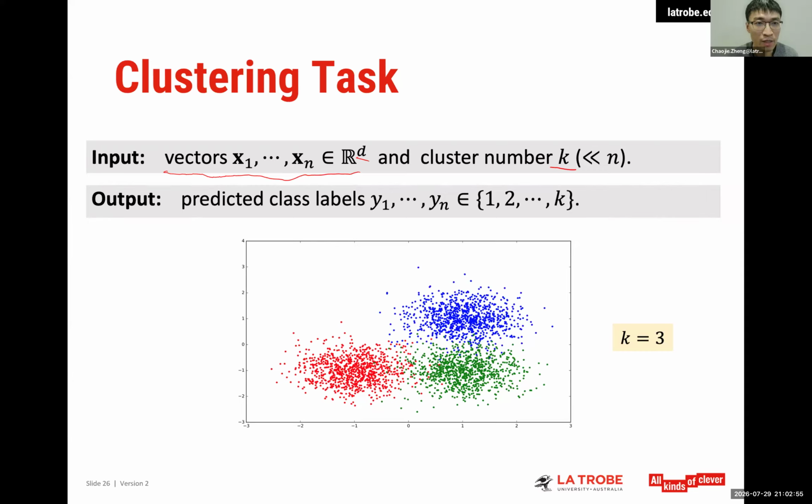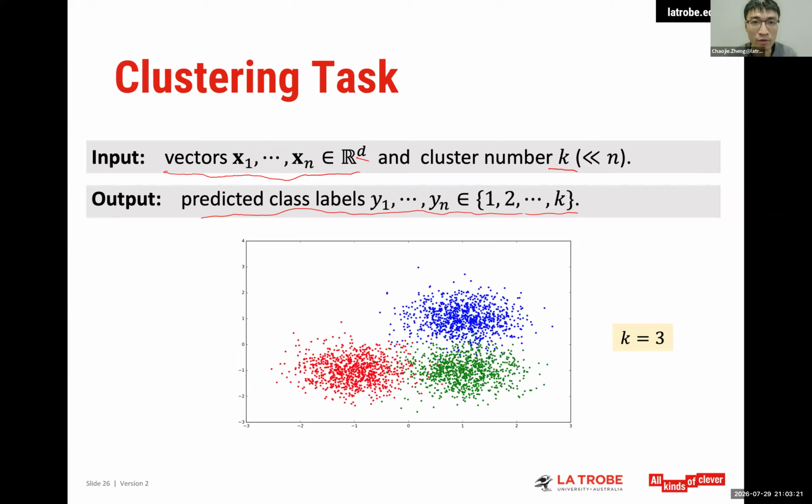And the output will be class labels for each data point. These labels correspond to each input data sample. They specify the data point's belongingness to each group, because we specify that we are expecting k clusters as the output.